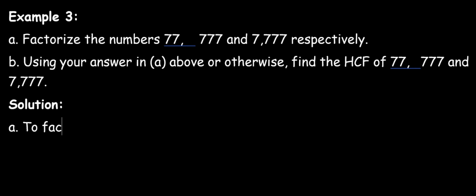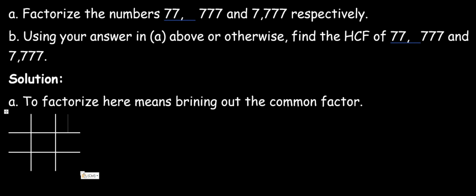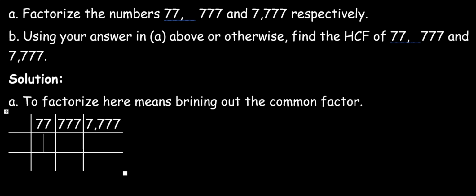Solution. Part A. To factorize here means bringing out the common factor. Let's rule our line as we do in our HCF and introduce our values: 77, 777, then 7,777. When you look at your given values carefully, you see that 7 can divide through.